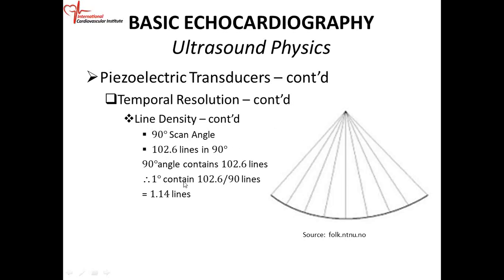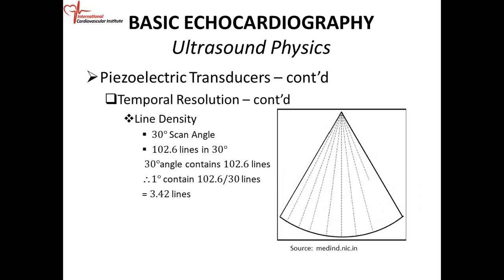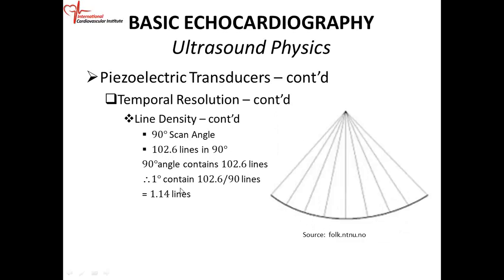It would be much less than over here. So for 90 degrees, it's 102.6 divided by 90, so each degree would be 1.14 lines per degree.